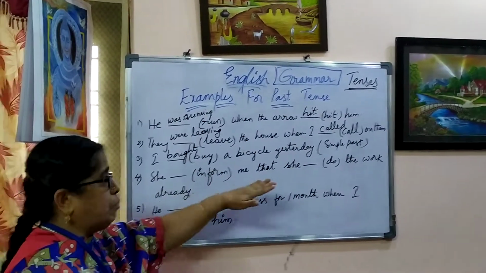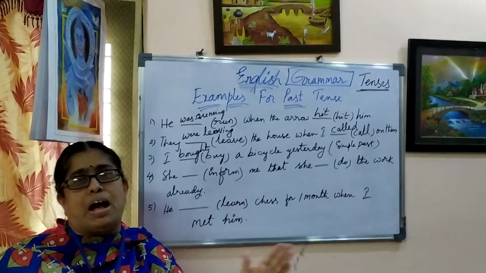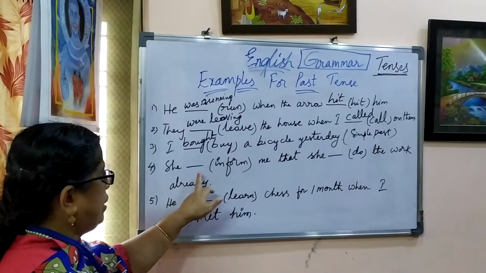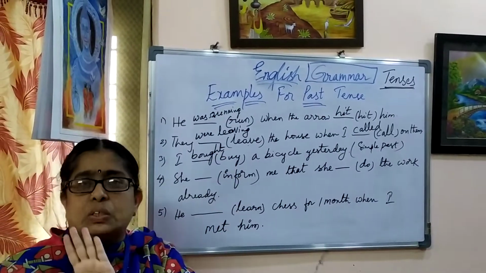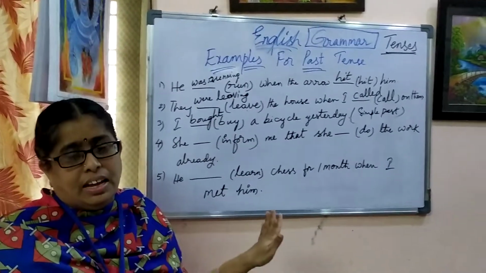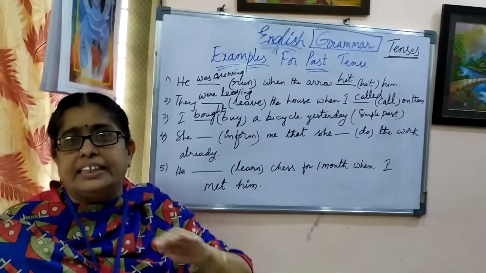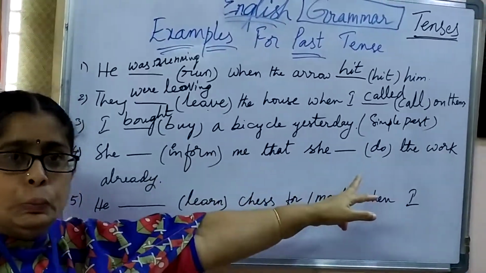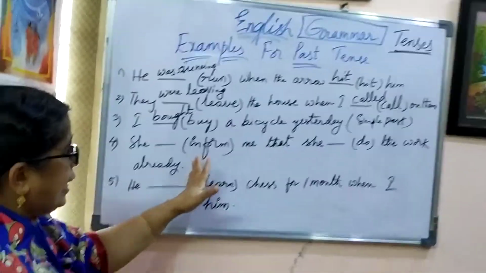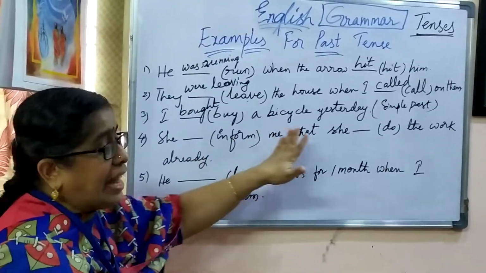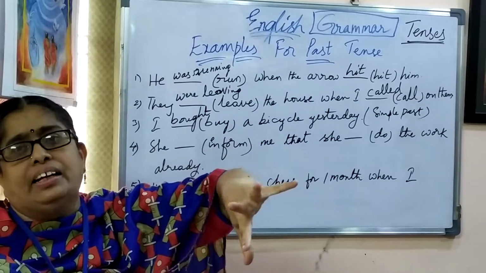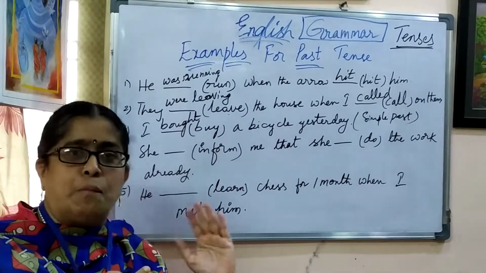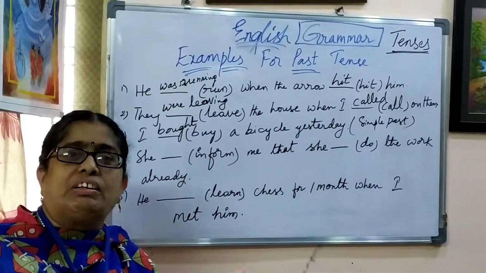Here we use simple past for one action and past perfect for the other. Why? Here no action was in progress, no action was in a continuous form, either inform or do. Both actions are completed in the past, but one action was completed earlier and one later.